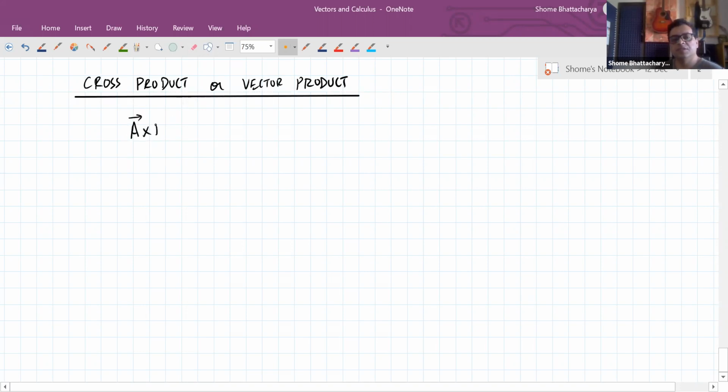So this is the representation of this operation, and it is given by this definition.